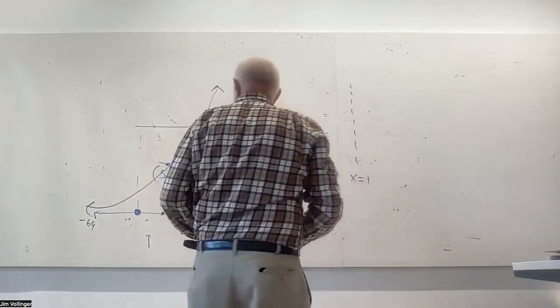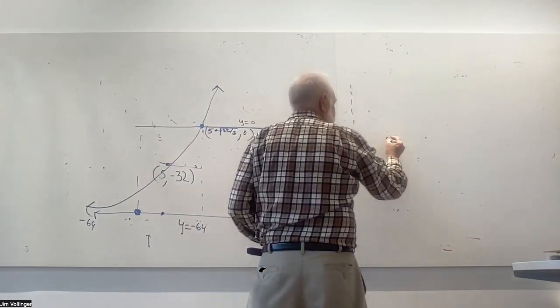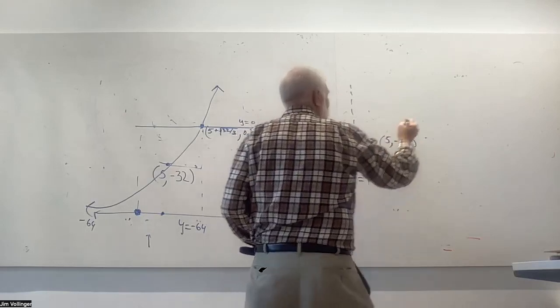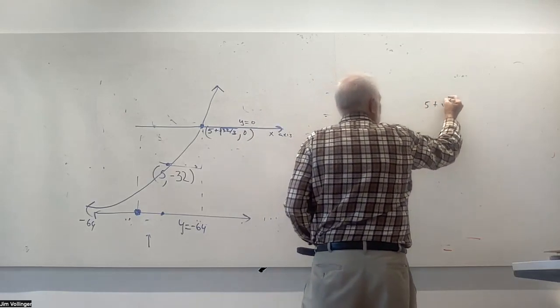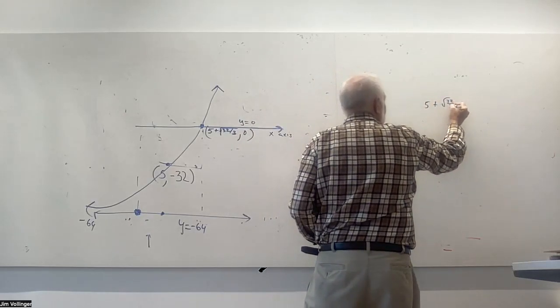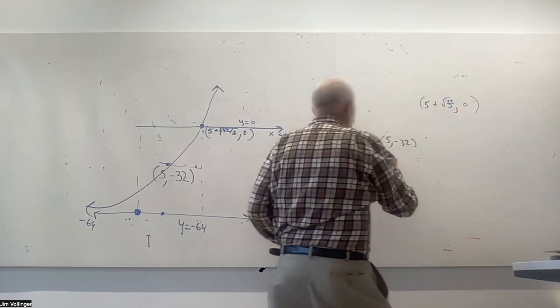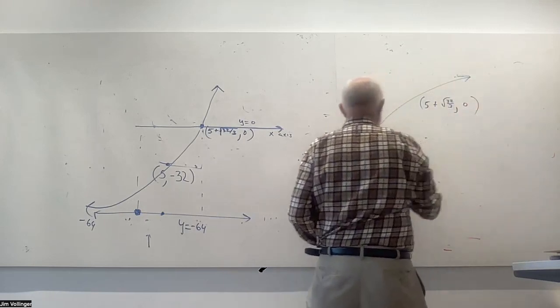And I know a couple of points. 5, negative 32. And I also know 5 plus root 32 over 3 gets me 0. And so we'll build that inverse of growth.